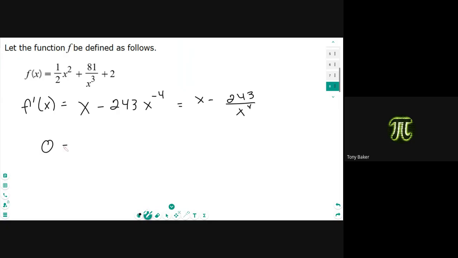So set it equal to 0. How am I solving it?